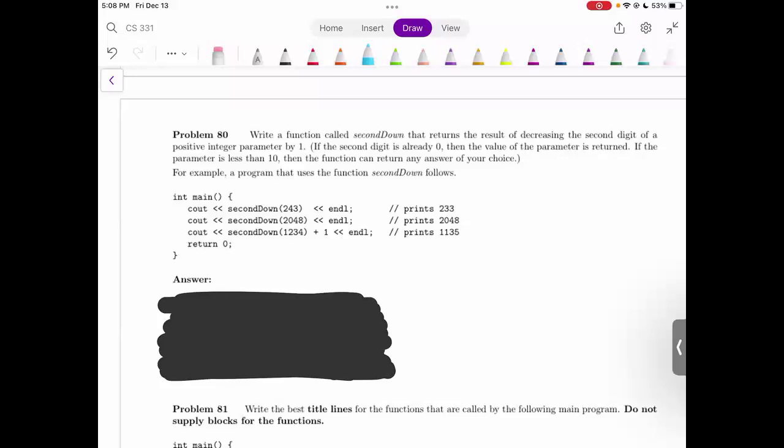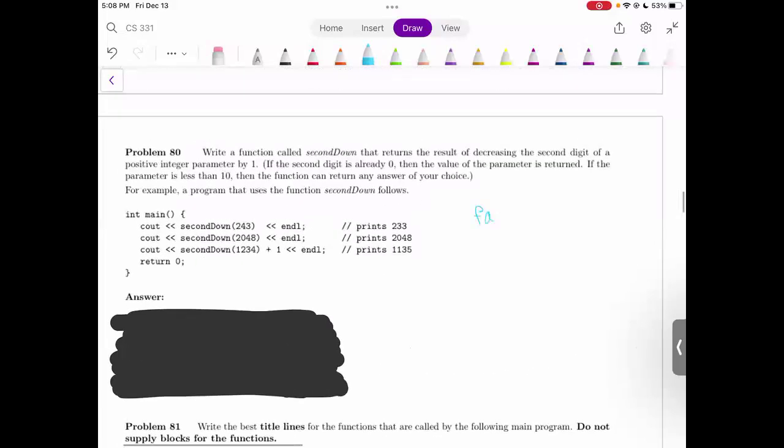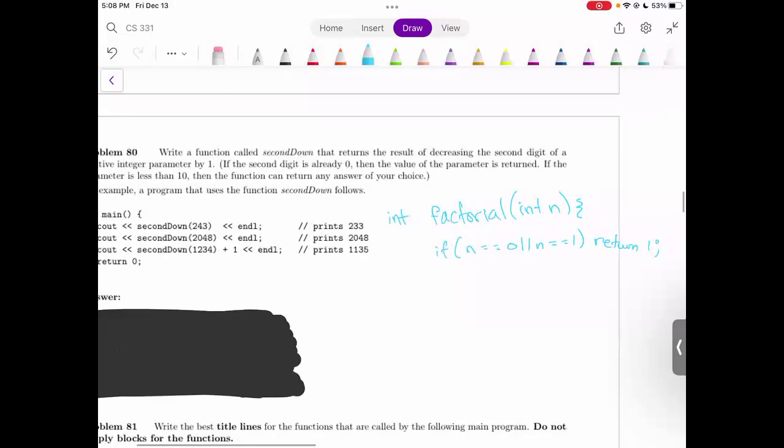Yeah, I can give you an example of a basic recursion one. Think of factorial. Factorial returns an integer, takes an integer, and all it does is we say if n equals 0 or n equals 1, we return 1. If not, we return n times factorial of n minus 1.